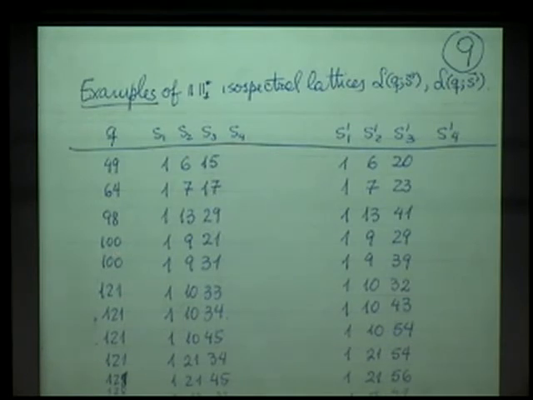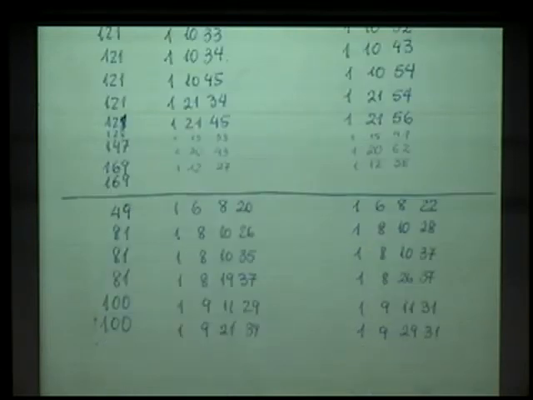So these are the smallest parameters. But now you see this is for m equal 3. For m equal 4, these are the first ones that the computer will give.